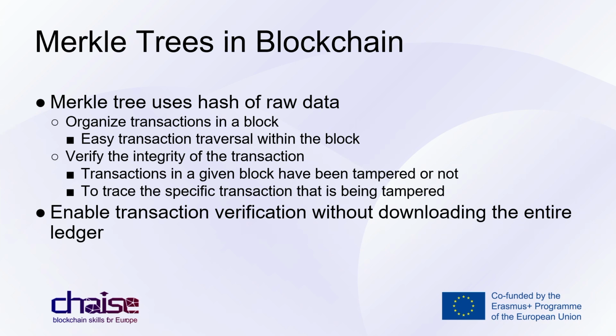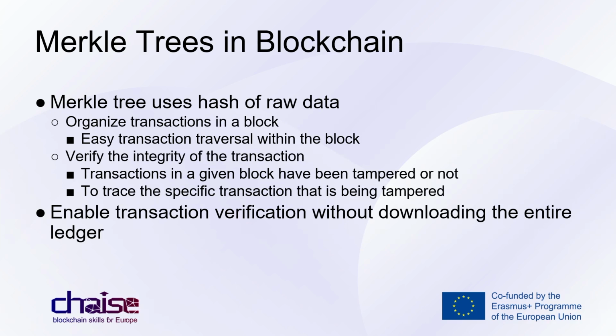Merkle trees also help to trace the specific transaction that has been tampered with. For example, let's say some attack happened on a blockchain network and a malicious attacker successfully tampered with one block. In that case, once the blockchain validation stage happens, or the full nodes check the blockchain, the system can identify which particular block in the ledger is tampered.